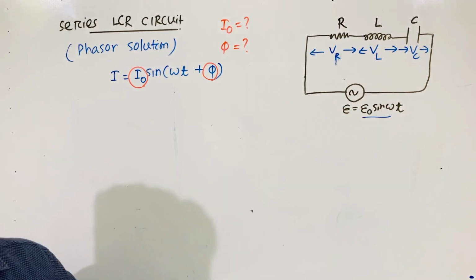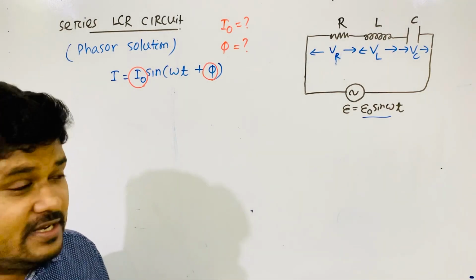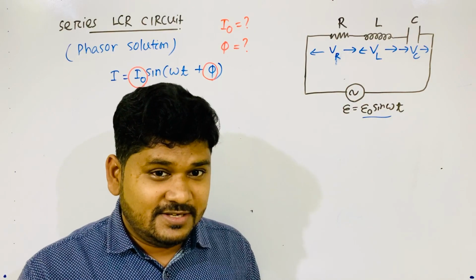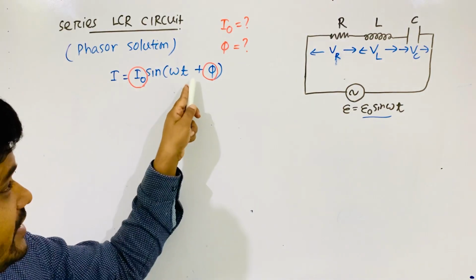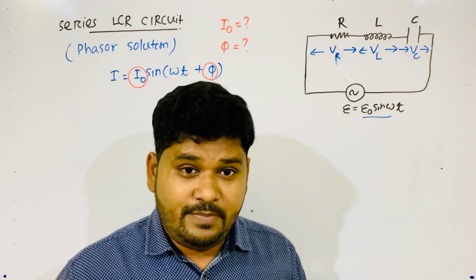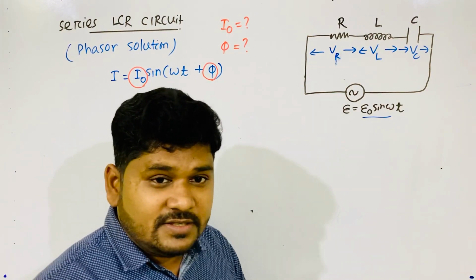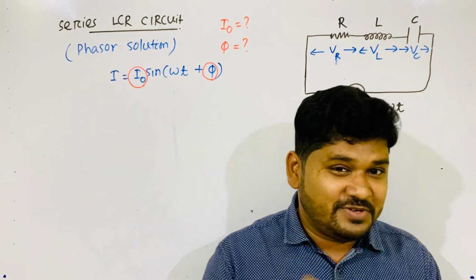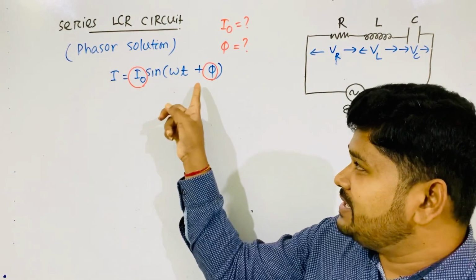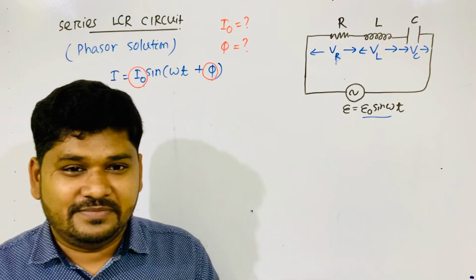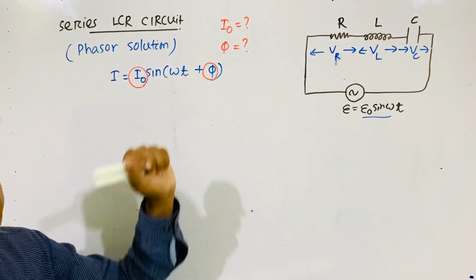Okay, so now another question is coming to your mind: sir, how did you take plus phi? That may be minus phi. How do you know this will be plus phi? No problem, just take it as plus phi.